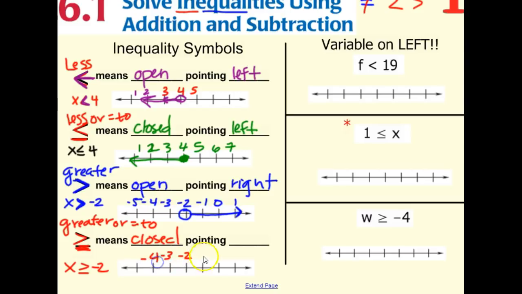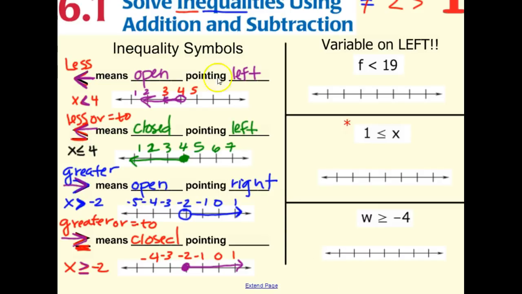So the left would be more negative, and then positives. This one could be equal to -2, so I could start right at -2. And then greater than numbers. If you're not sure, you could put an arrow in your symbol. It's pointing to the right, because the positives are greater than the negatives. All of these, if you put a line in the symbol, will tell you which way your arrow is pointing.